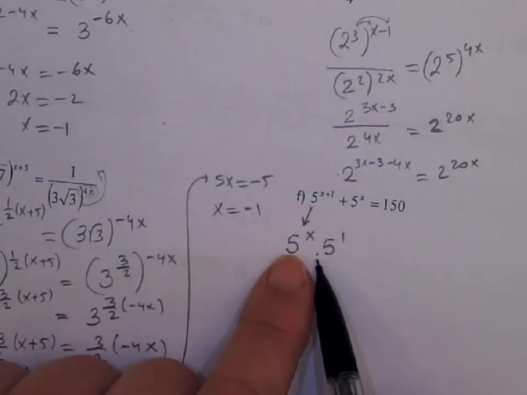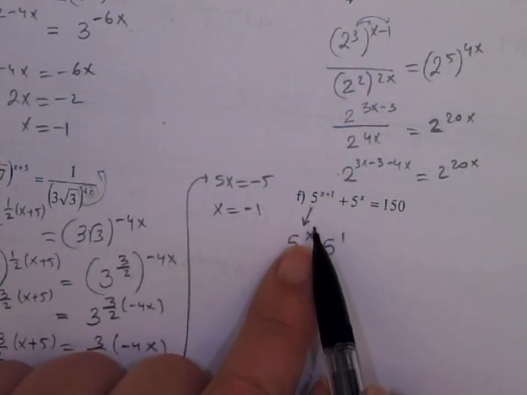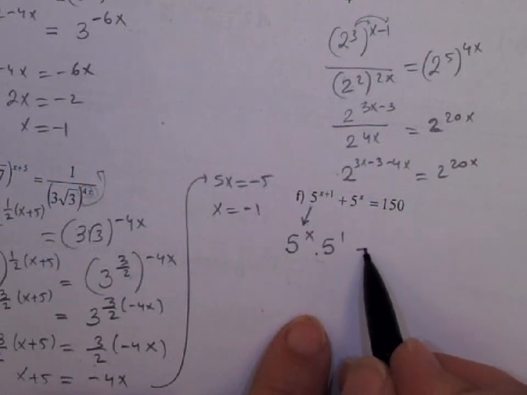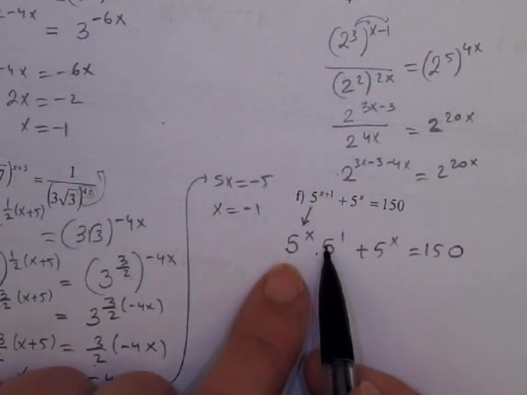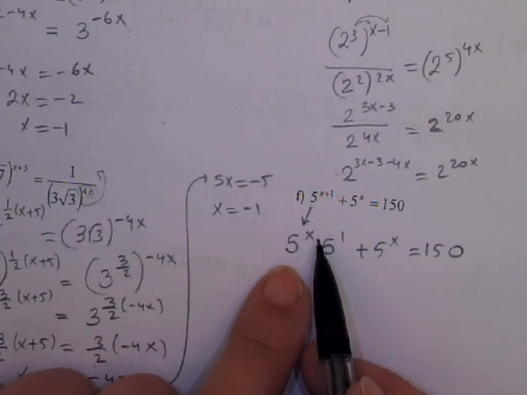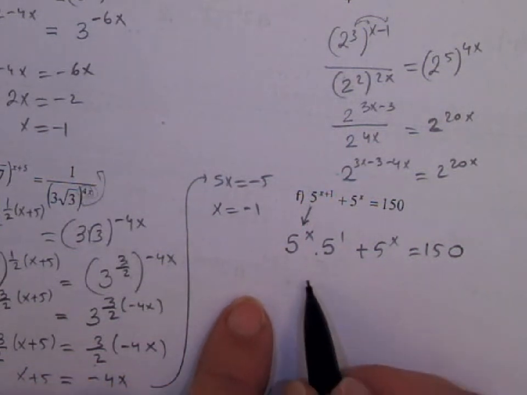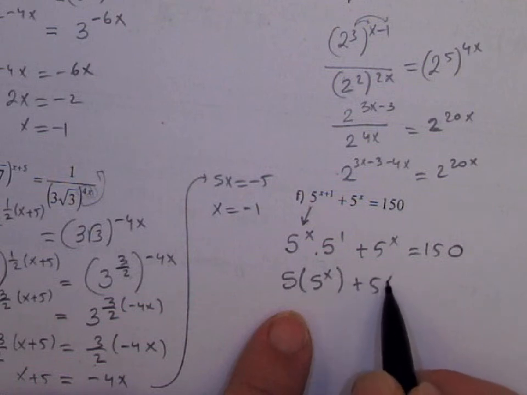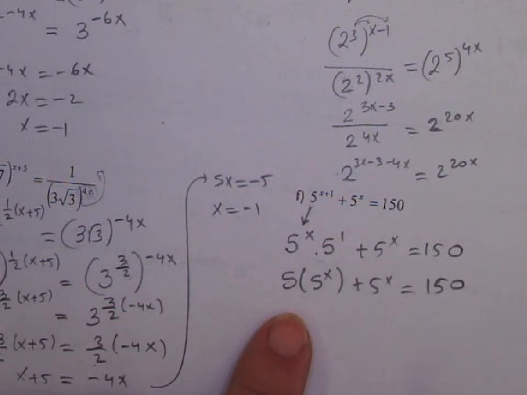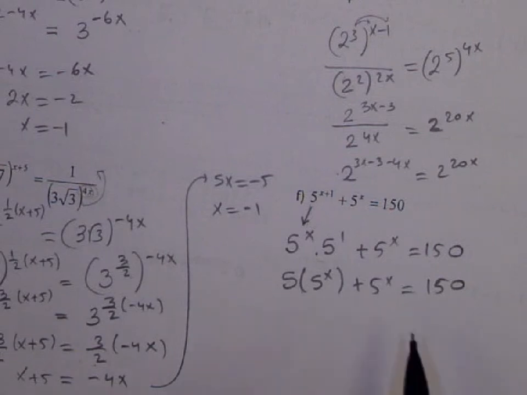Because when you're multiplying these two, you add the powers, you get x plus 1. Okay, so keep this here as it is. So this means 5 to the power of x times 5. So 5 of those 5 to the power of x. So you have 5 of 5 to the power of x and 1 5 to the power of x.